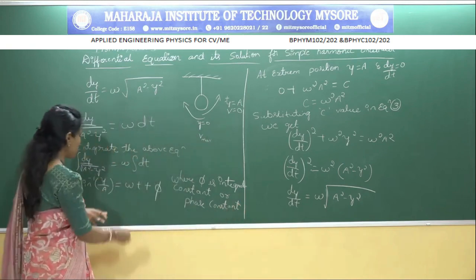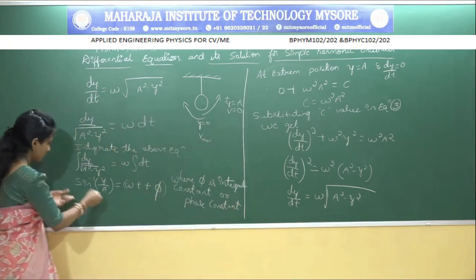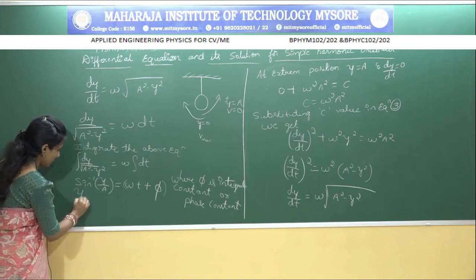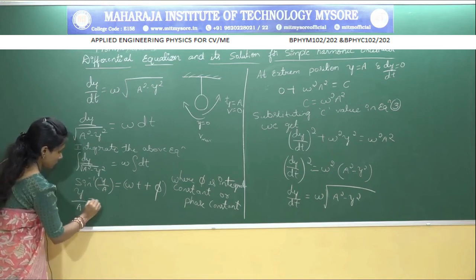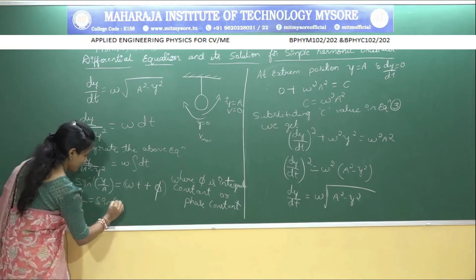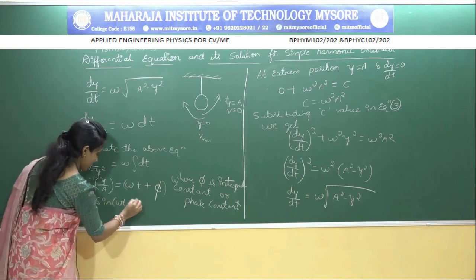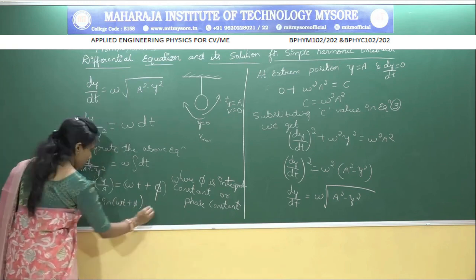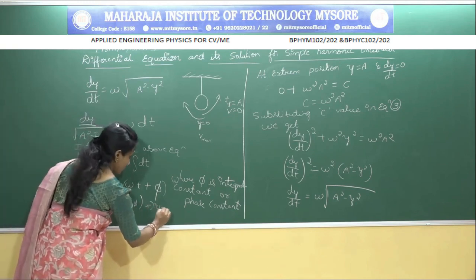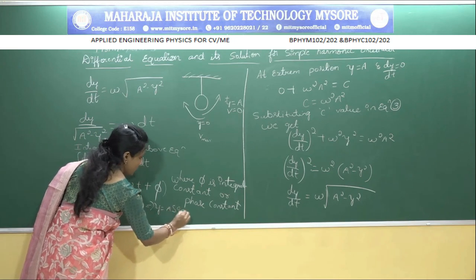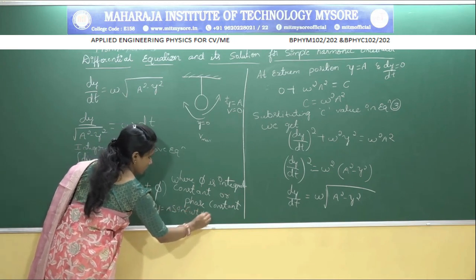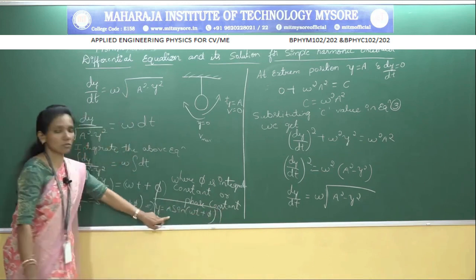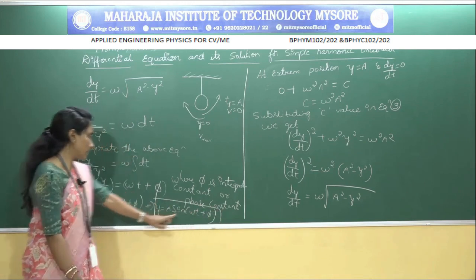So we can write sine inverse of y by a is equal to omega t plus phi. Okay, so again we can write y is equal to a sine of (omega t plus phi).